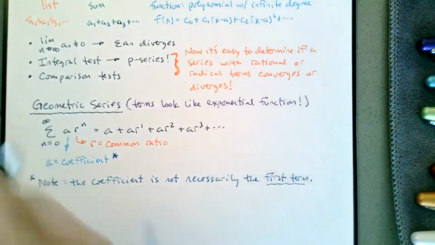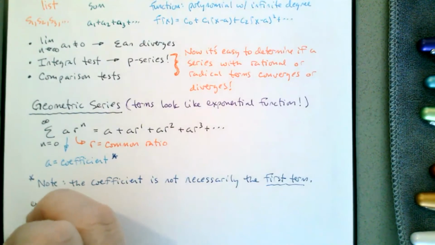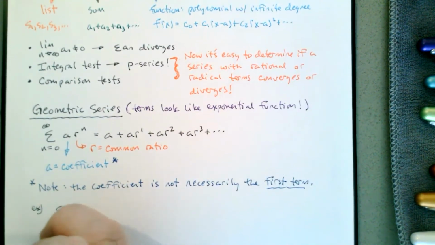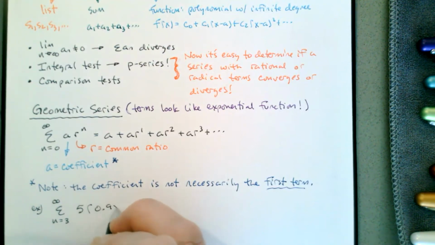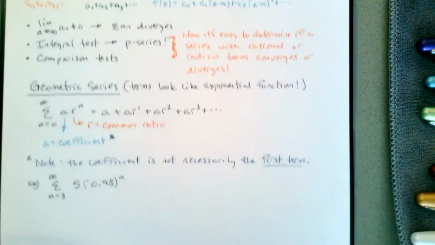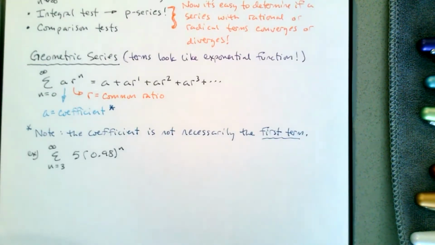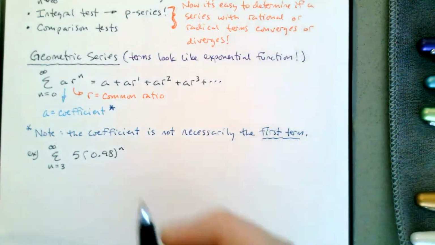So for example, if I build a series that says the sum as n goes from 3 to infinity of 5 times 0.98 to the n. I had to come up with a number, and I got stumped for a second there. 5 is the coefficient, and 0.98 is the common ratio.